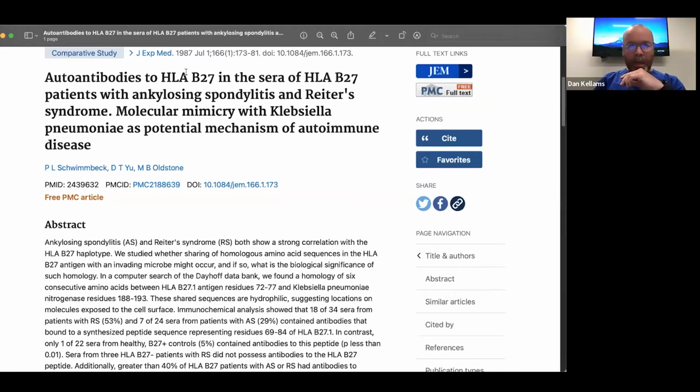It does cause reactive arthritis, and it has the potential to trigger some autoimmunity. You can actually measure HLA-B27, which is a generic marker of autoimmune processes, especially ankylosing spondylitis or some rheumatoid factor.